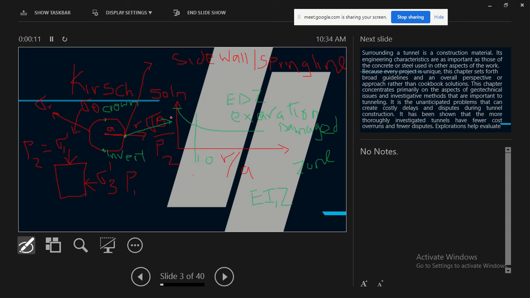Anyway, it means that the analytical solution always assumes that the EDZ is within the diameter of the hole.